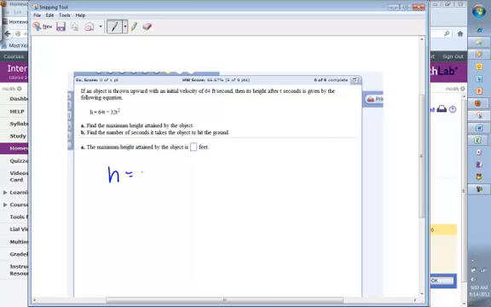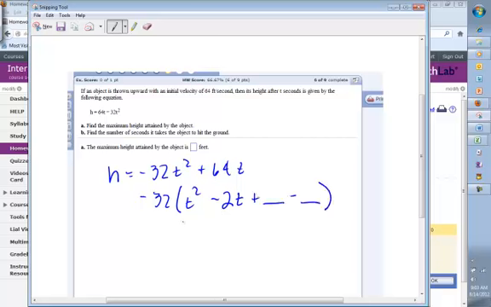Let's look at this one. H equals negative 32 t squared plus 64 t. Let's take out the negative 32 t squared minus 2 t plus blank minus blank. And so we get t minus 1 squared.